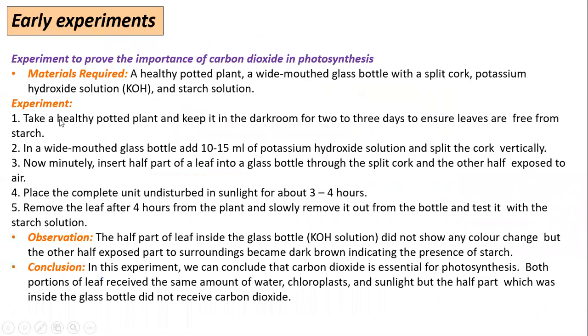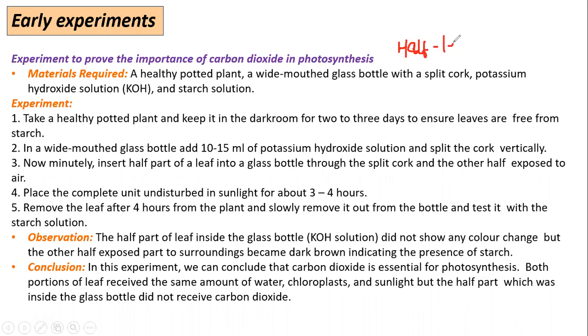The next, experiment number 2. The first one was a bell jar experiment. You can call it Joseph Priestley's experiment. And now it is the half-leaf experiment. The term is not mentioned in your NCERT, so please do take it down. It is going to be called the half-leaf experiment.